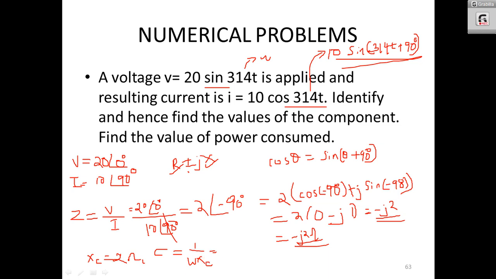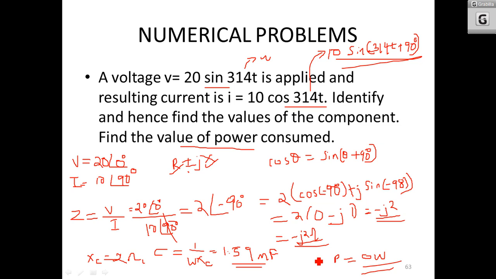Next, how do we find the power consumed? Since it is a pure capacitive circuit, power consumed is 0 watt.